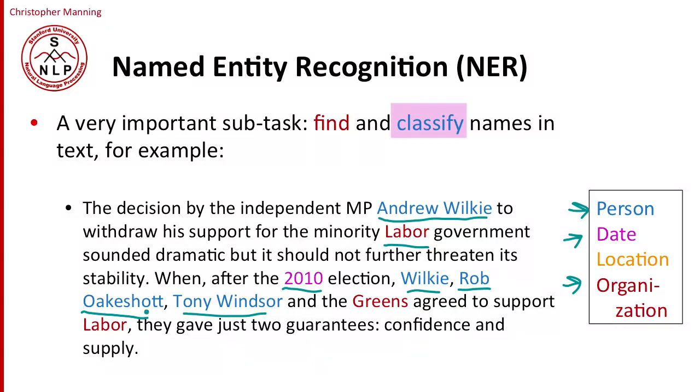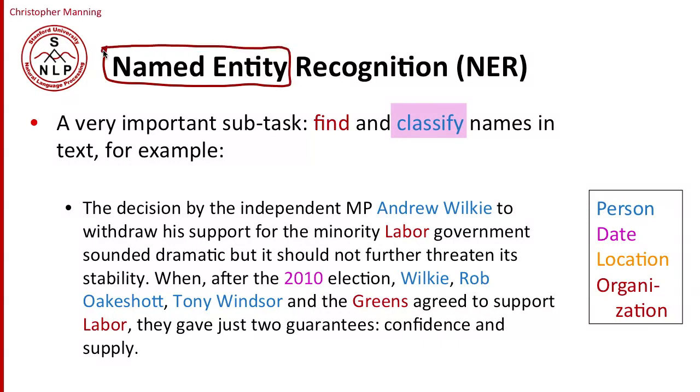So to say a little bit more precisely what the task is, we have this phrase of named entity recognition, and it's a little bit of a code word these days that reflects the history. The idea of it was that entities were meant to refer to discrete things in the world. So I am an entity, Stanford University is an entity, but something like sand or air isn't an entity, as there's not a specific delineated physical thing.